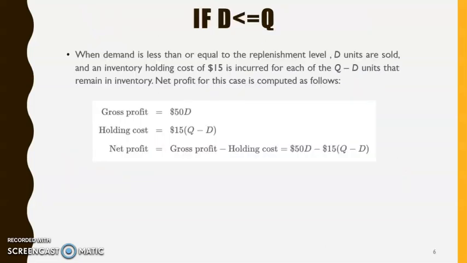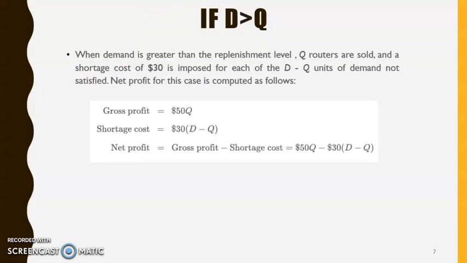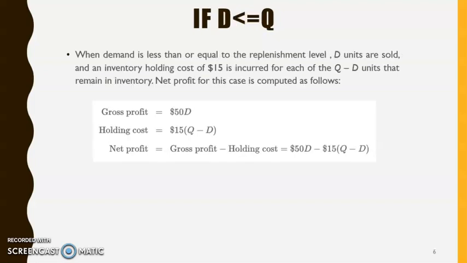With our simulation case, two scenarios could happen. In one of them, the demand in that period is equal to or smaller than Q, that is the replenishment level, and the other one is the scenario in which demand is greater than Q. When D is smaller than Q, it means that you have higher inventory in comparison to the demand.